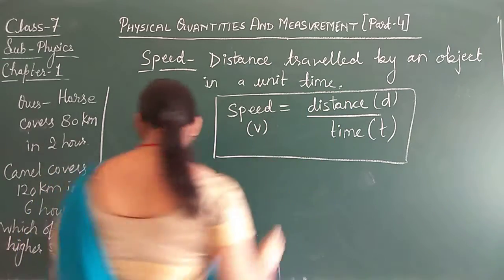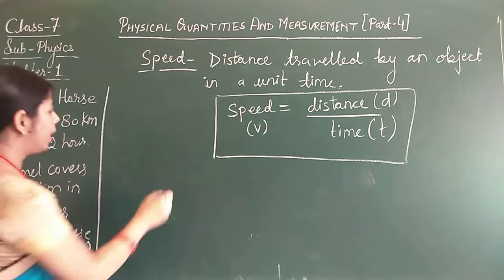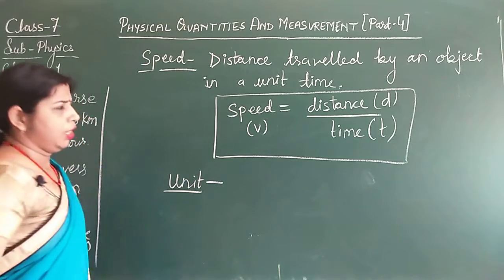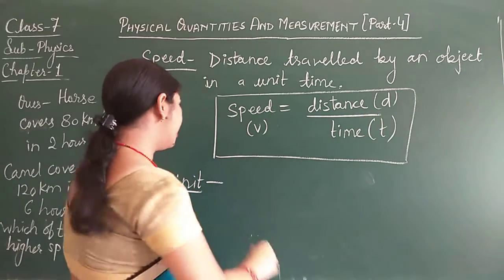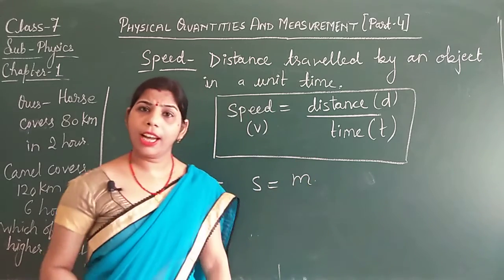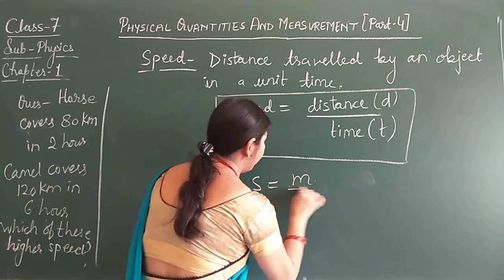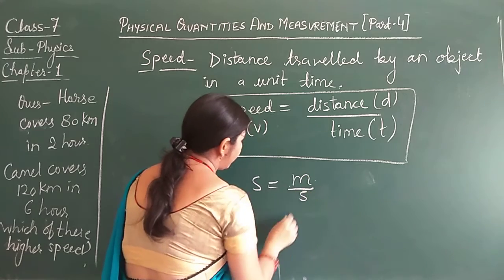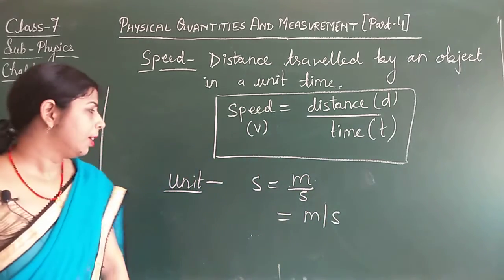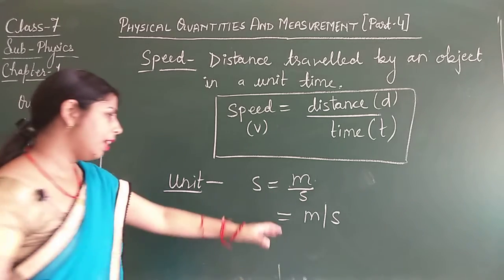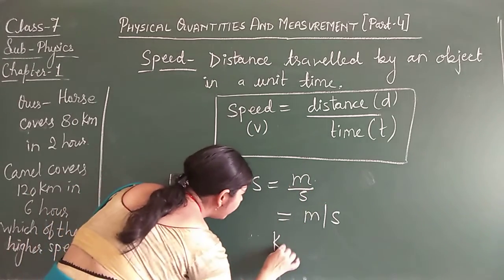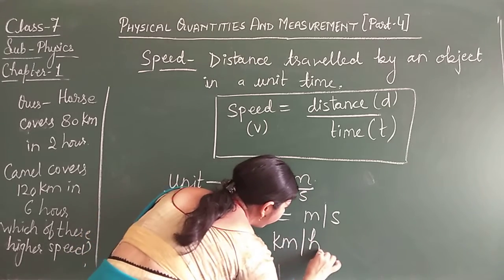Now just see the unit for it. As you know, for the distance we are using meter, and for time, second. That means the unit of speed is meter per second. But if we want to discuss the higher unit, it can also be kilometer per hour.